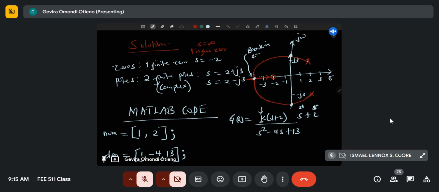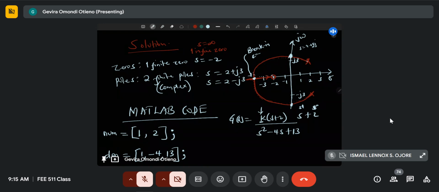If I put the cursor here and click on this point, it will tell you the coordinates of this point. It's going to say S equals 4 minus 8j or whatever. Then you know that the j omega crossing is 8, so this other one is minus 8.